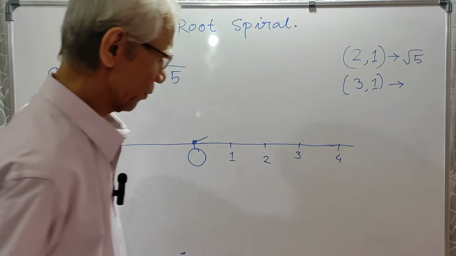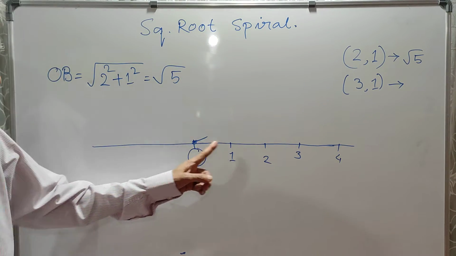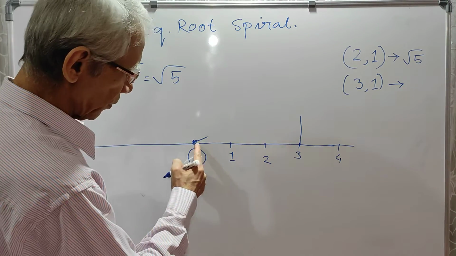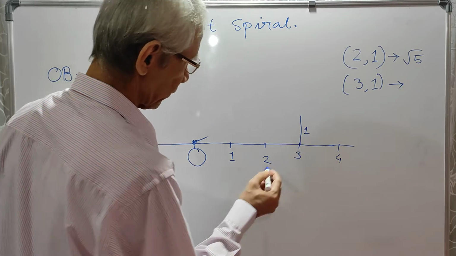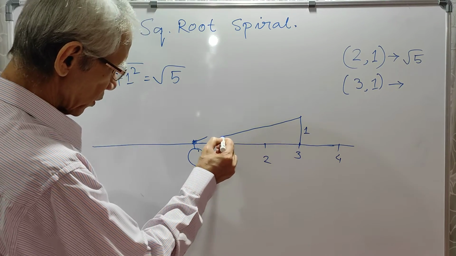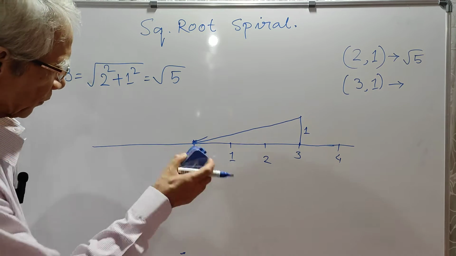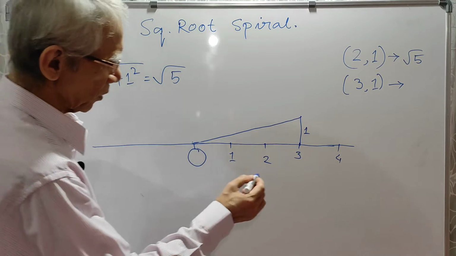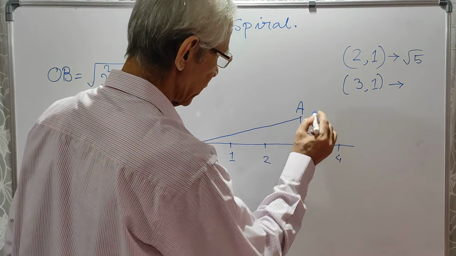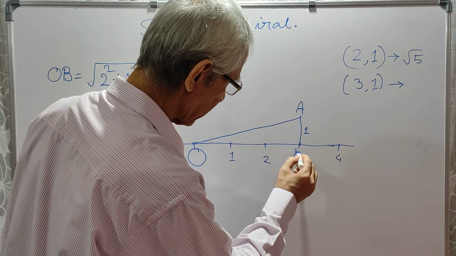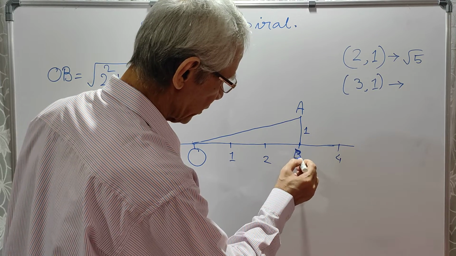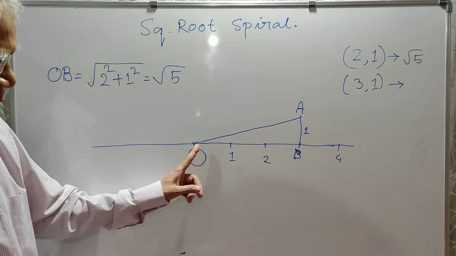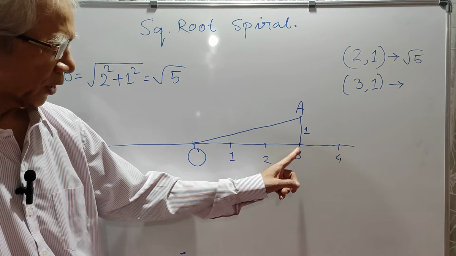Now let us take 3, 1. From here, this is 3, this is 1. Then draw this hypotenuse. Suppose this is A, and this point is B. So from O to B, this OB is 3 units, and 1 unit.